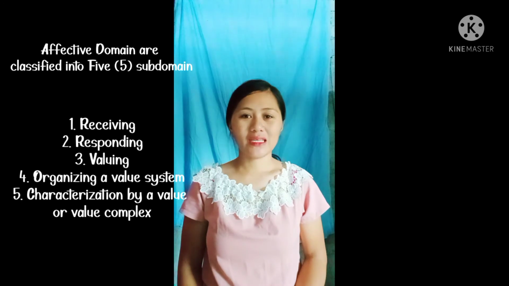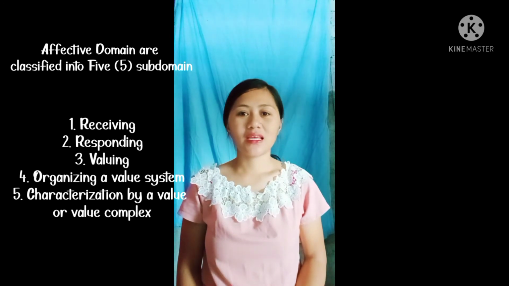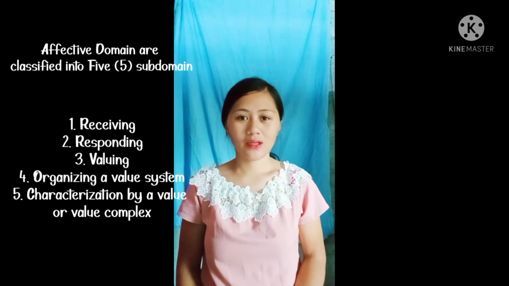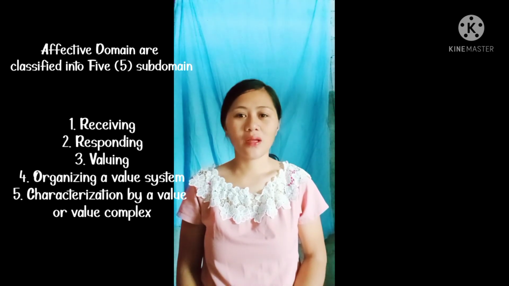The affective domain is classified into five. First is receiving, second is responding, third is valuing, fourth is organizing by a value system, and the last one is characterization by a value or value complex.